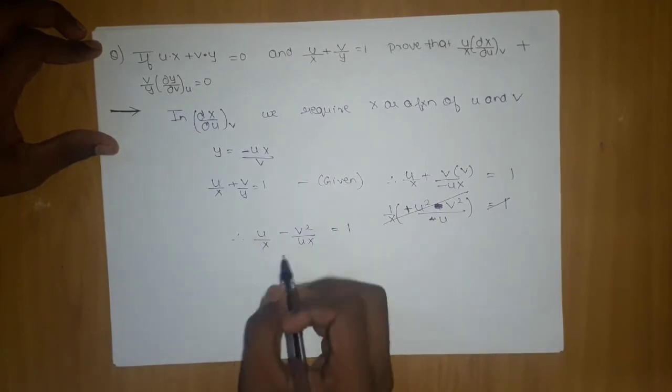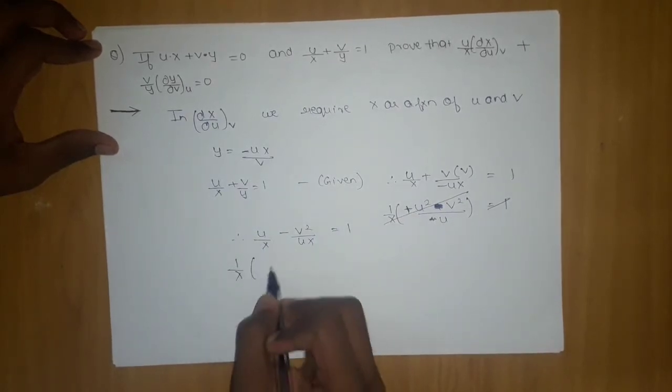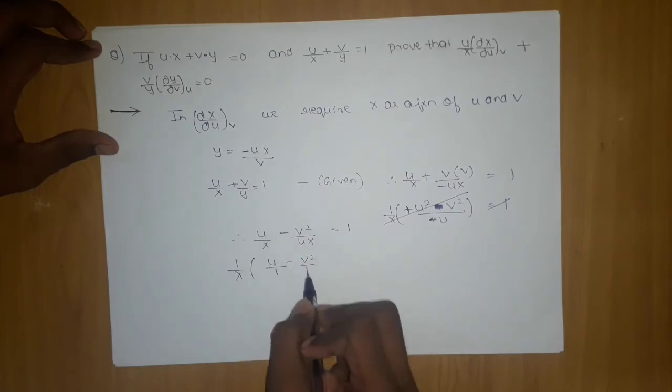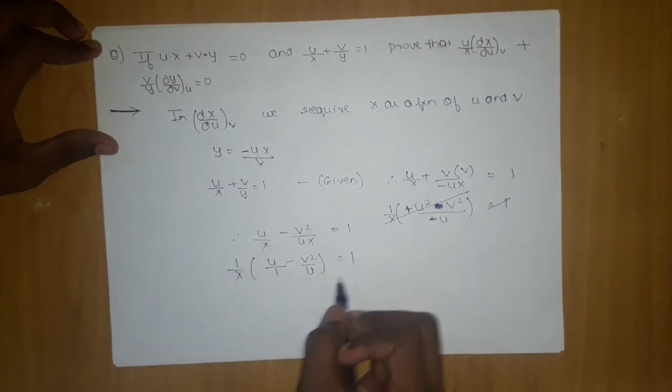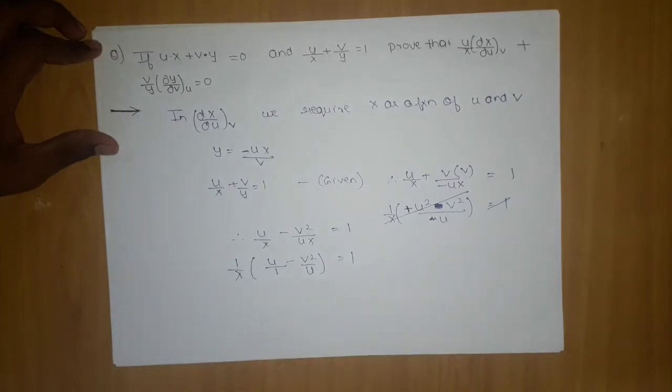If I take 1 by x common, I will be left with u minus v square by u equals 1.